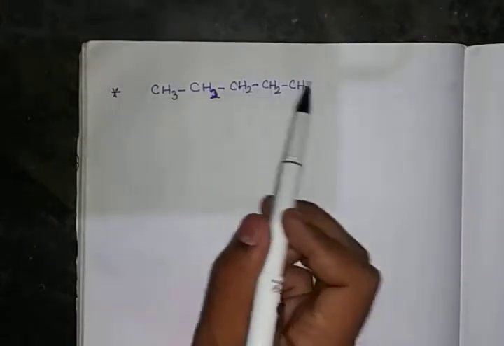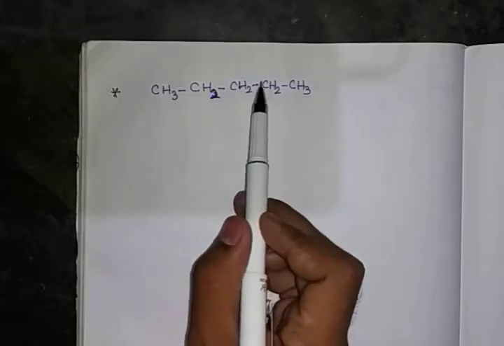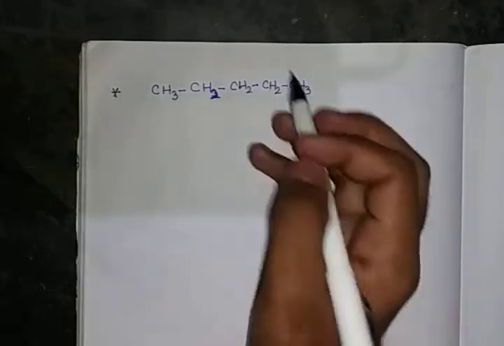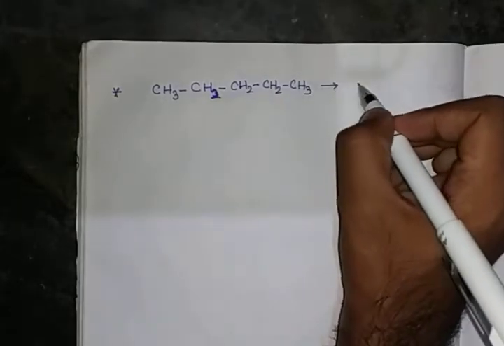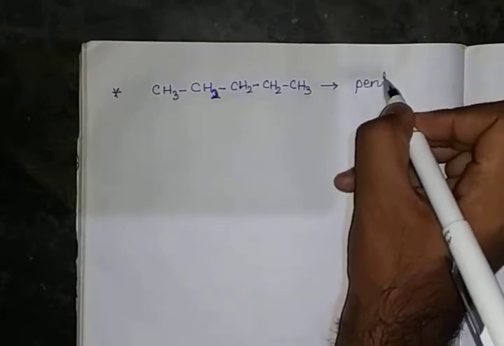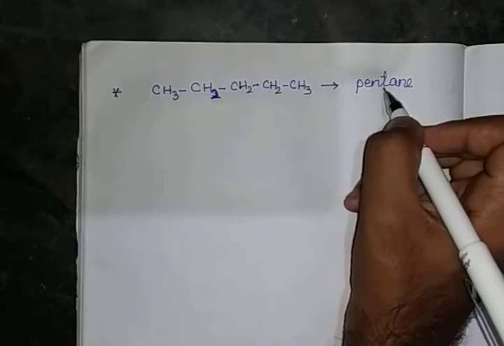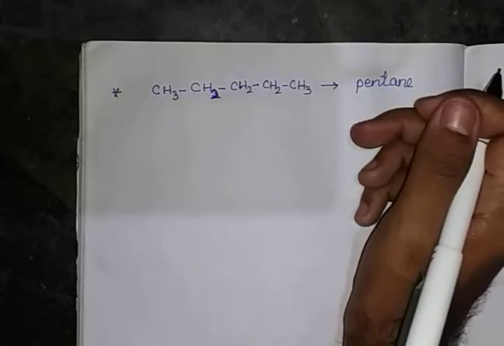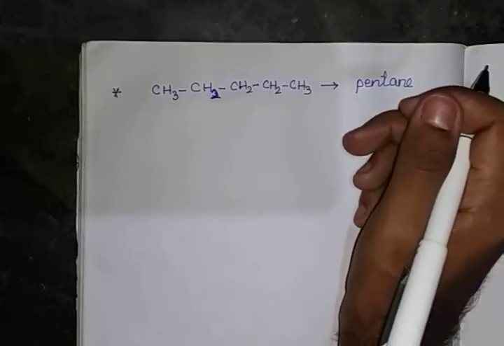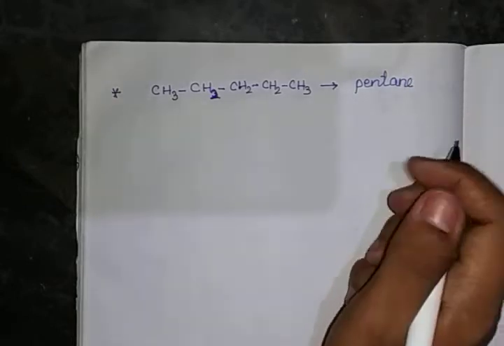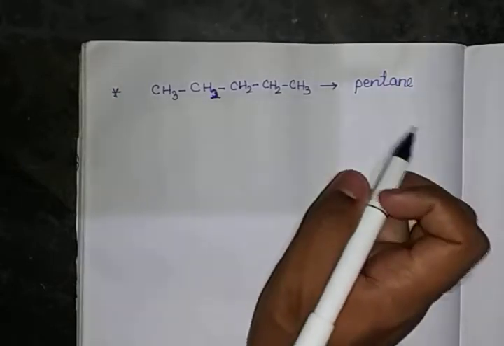How many carbons are there? 1, 2, 3, 4, 5. 5 carbons. So you have named it as pentane. Now in this class we will be learning how this naming is done when some branches are present.